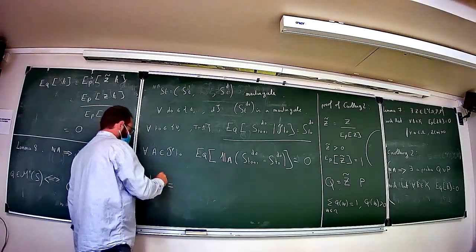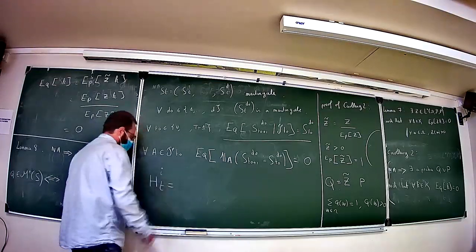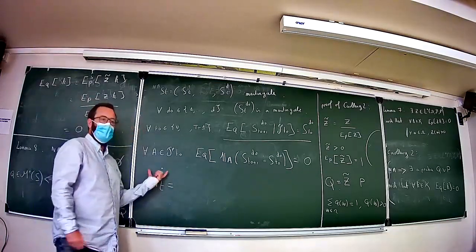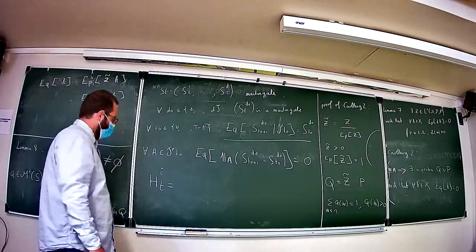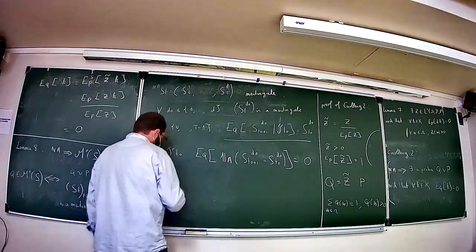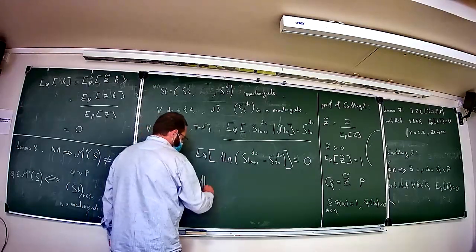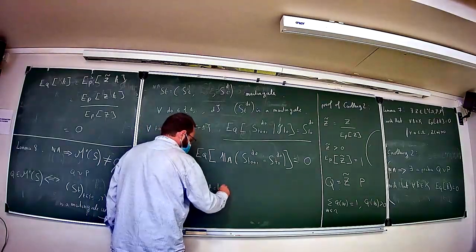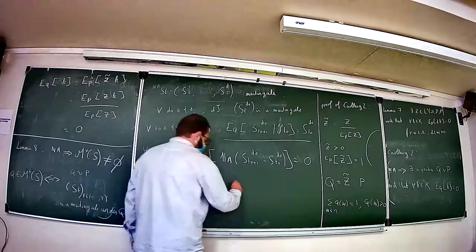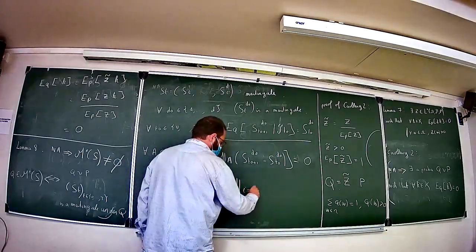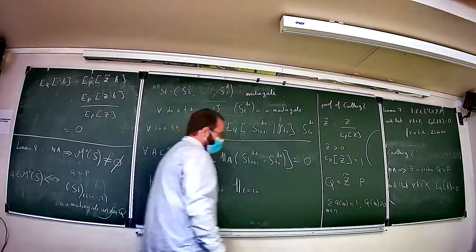So the quantity at time t of the i-th risky asset, I will take the indicator function of A, times the indicator function t equal to t0, times the indicator function i equal to i0.